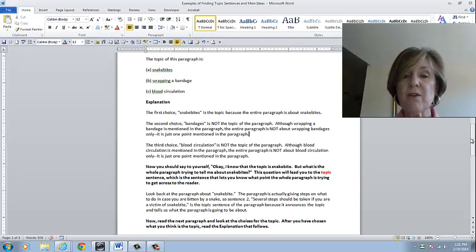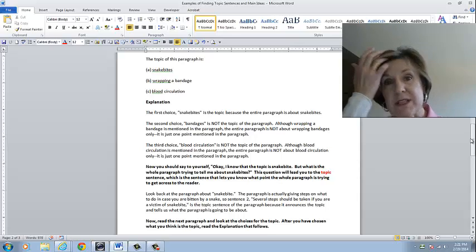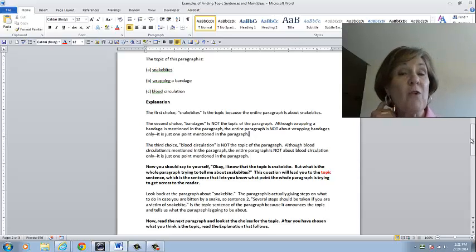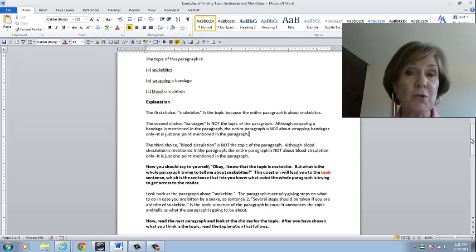And you say to yourself, okay, I know the topic is about snake bites. You've already determined that. But what is the whole paragraph trying to tell me about snake bites? The question will lead you to the topic sentence, which is the sentence that lets you know what point the whole paragraph is trying to get across to the reader.